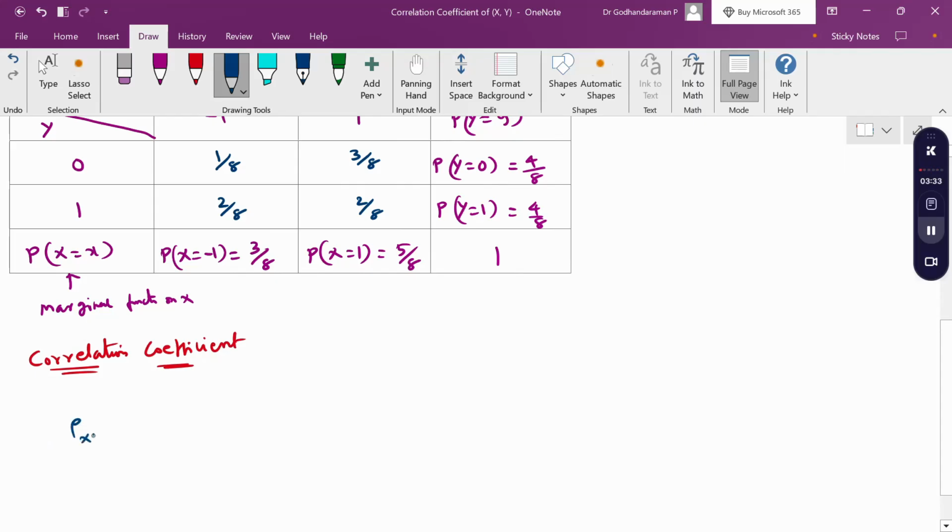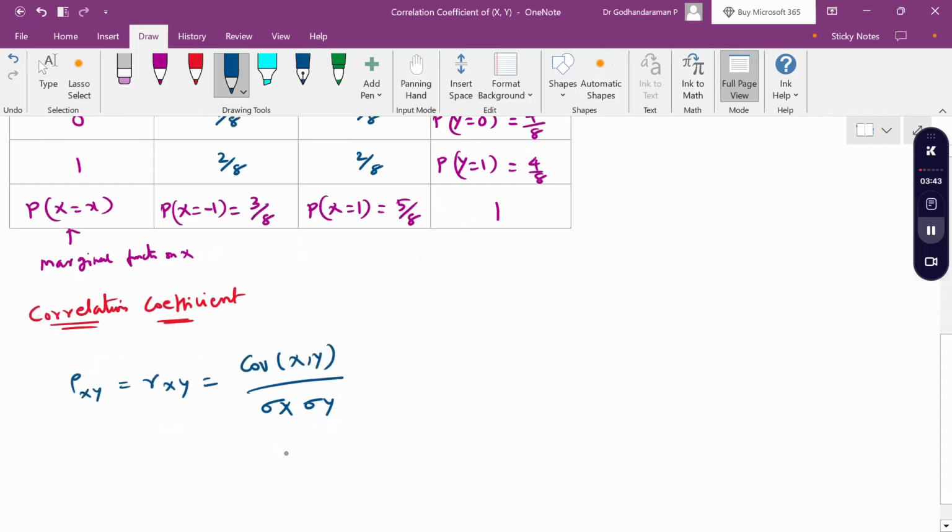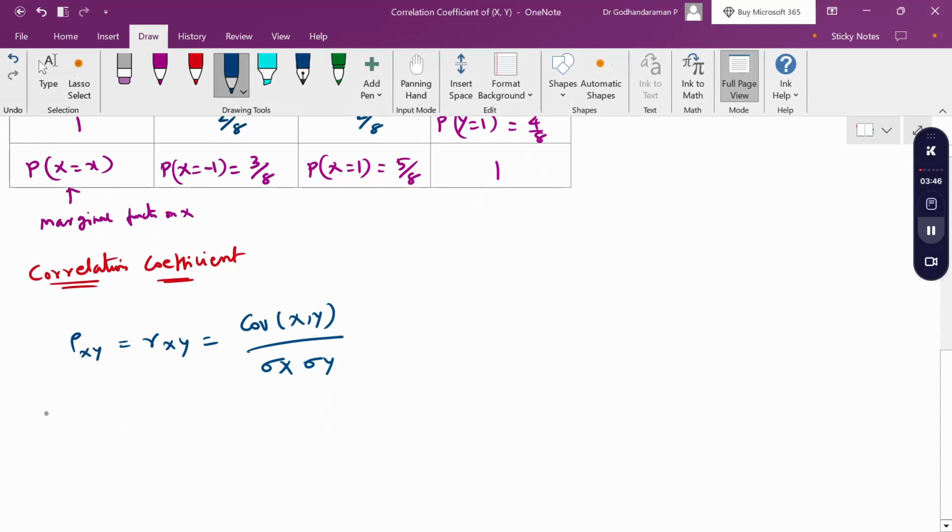So rho XY, or r XY, is nothing but covariance of X, Y divided by sigma X sigma Y. Covariance of X, Y is equal to expectation of XY minus expectation of X times expectation of Y.